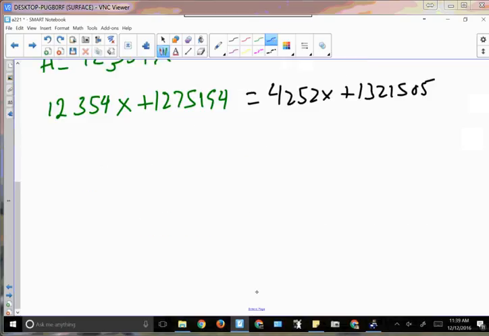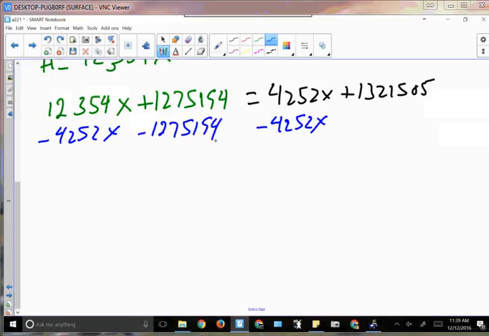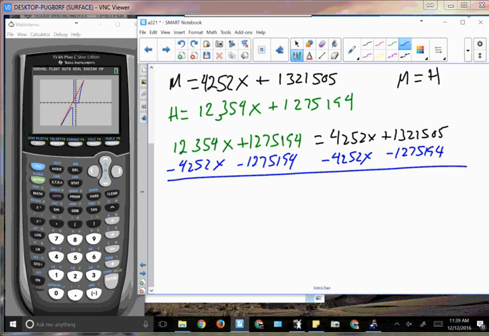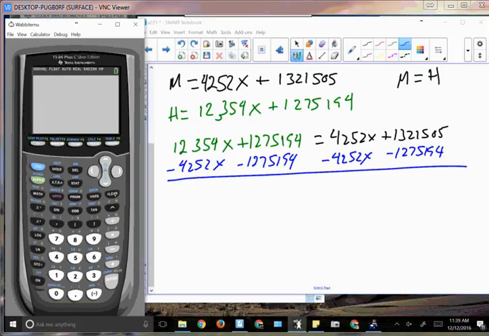So I'm going to take 4252x here minus 4252x here. Subtract 1,275,194. Subtract 1,275,194. And grab the calculator because I am not going to deal with those large numbers. Why should we? If it works.